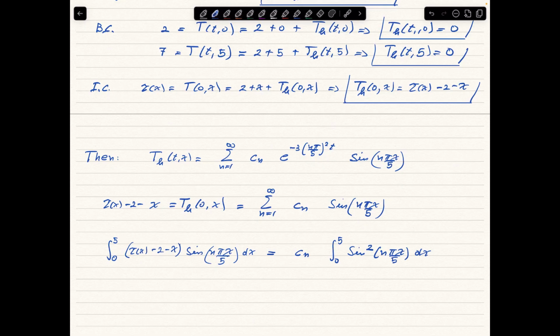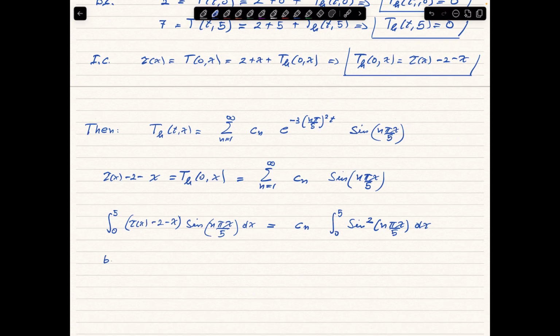Why is that? Because recall that the integral from 0 to 5 of sine of n pi x over 5 times sine of m pi x over 5 dx is equal to 0 when n is different from m, because the sine functions are mutually perpendicular.